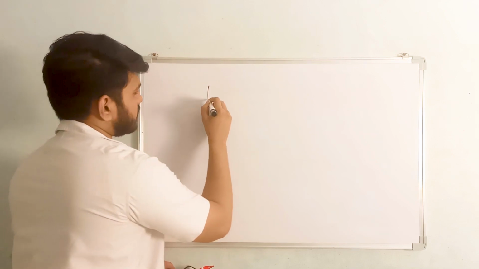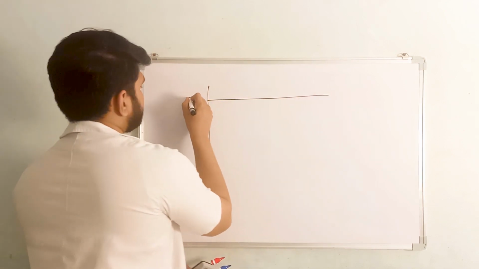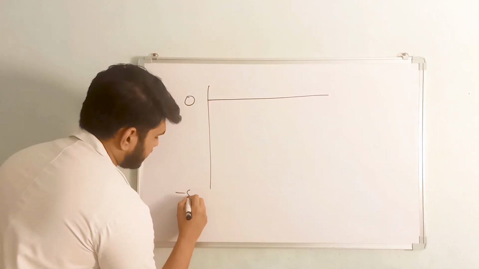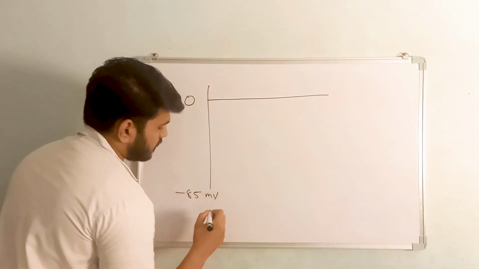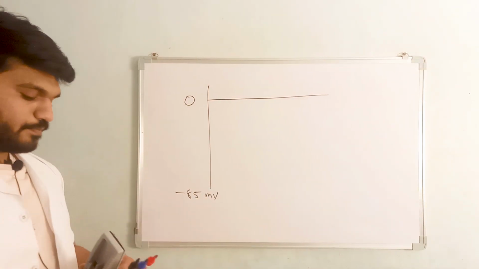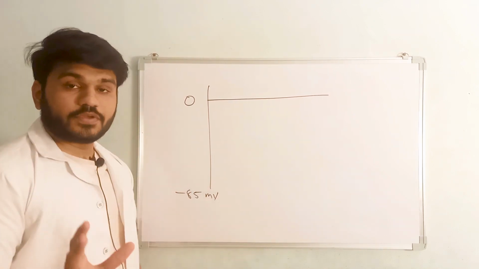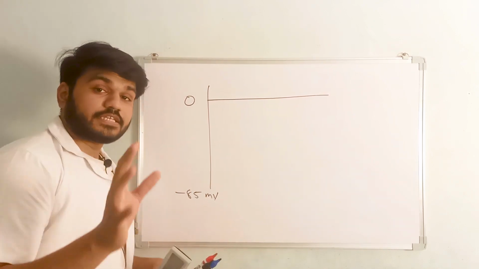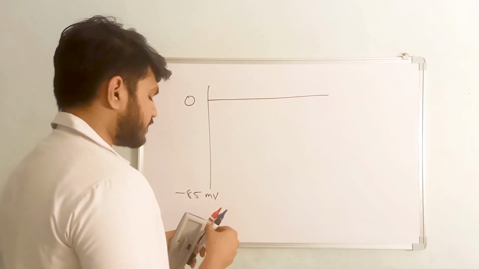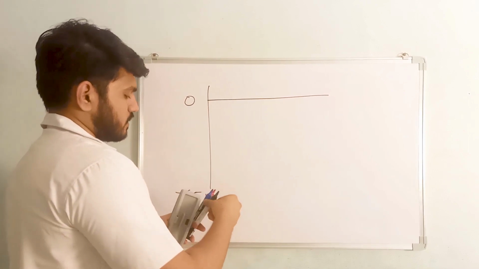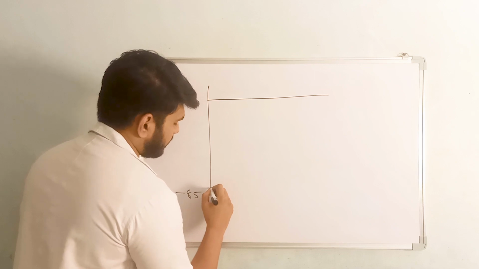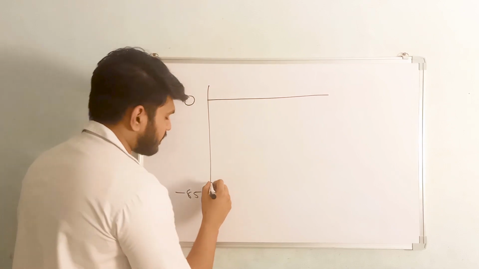So this is our zero potential and this is our resting membrane potential, which is the same for SA node and AV node. So we are going to start off with phases. In this we have 3 phases, but these phases start from phase 4. So we are going to start with resting membrane potential, which is minus 85.